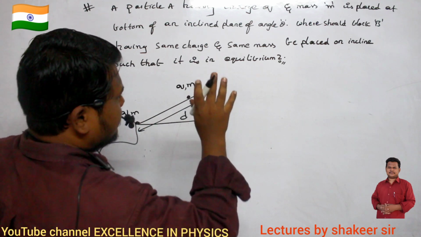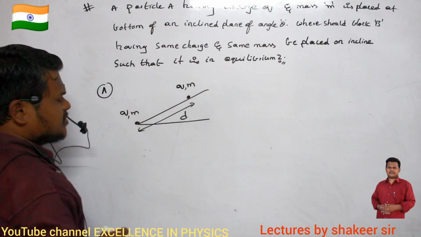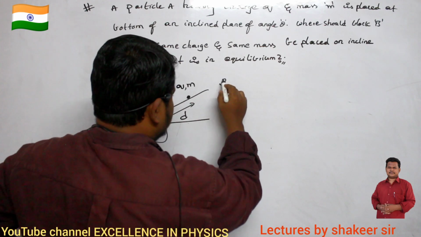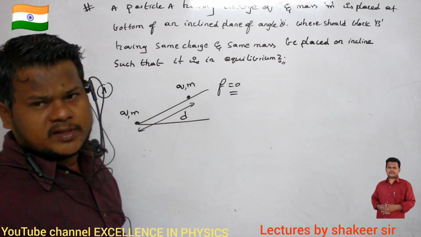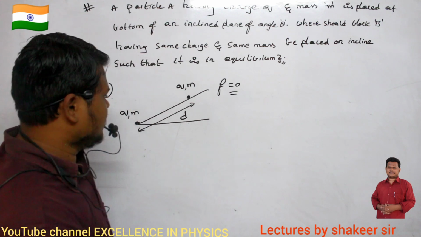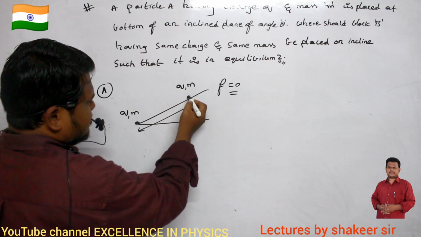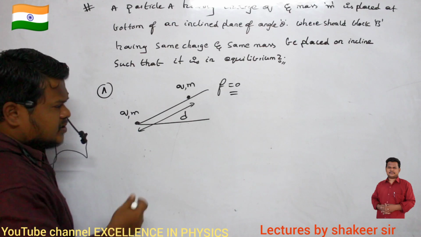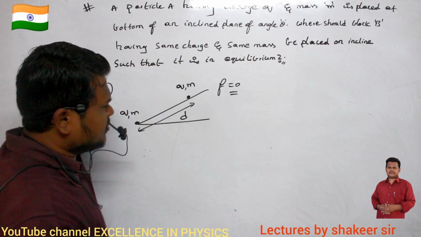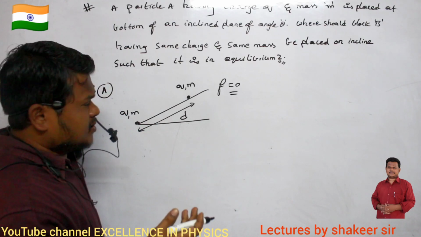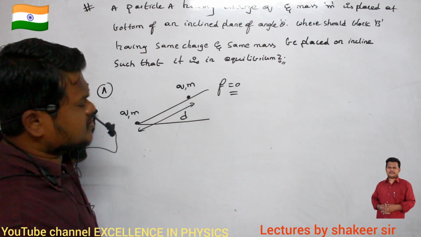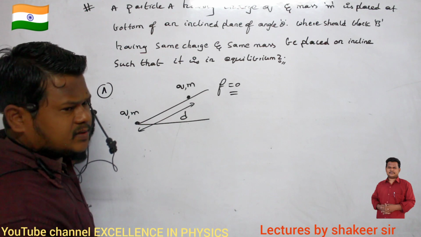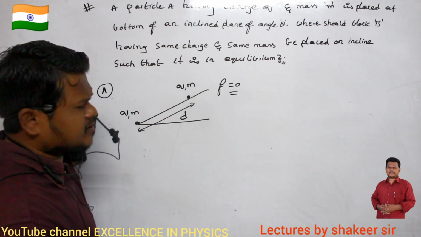He did not give any information on friction present on this plane, so we will consider friction to be 0. I want this charge to be in equilibrium. So in which condition will this charge be in equilibrium? If all the forces acting parallel to this inclined plane and perpendicular to this inclined plane are balanced with each other, then in that condition this will be in equilibrium.